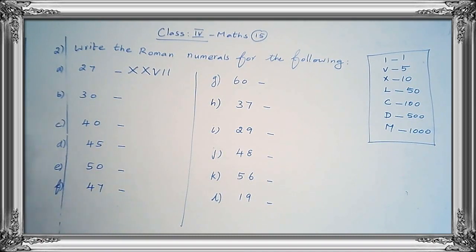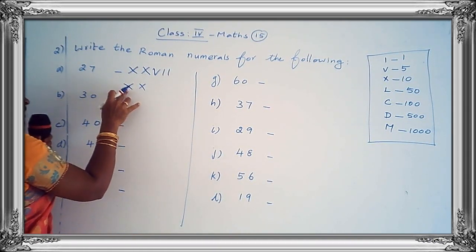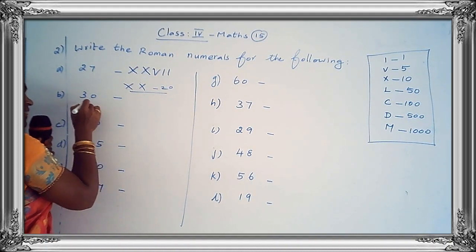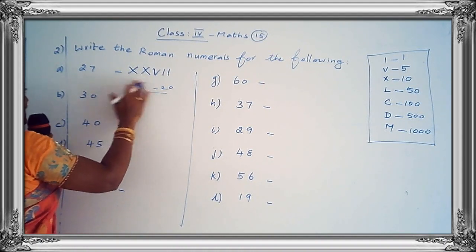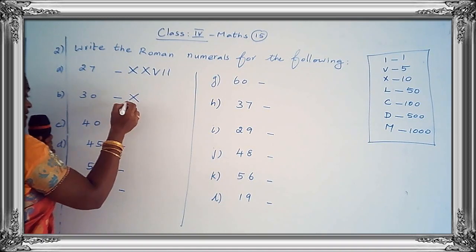Next 30. 20 can be written as XX, that's why 10 plus 10 is equal to 20. But we need 30 here. So what to do? 3 times X. X stands for tens.